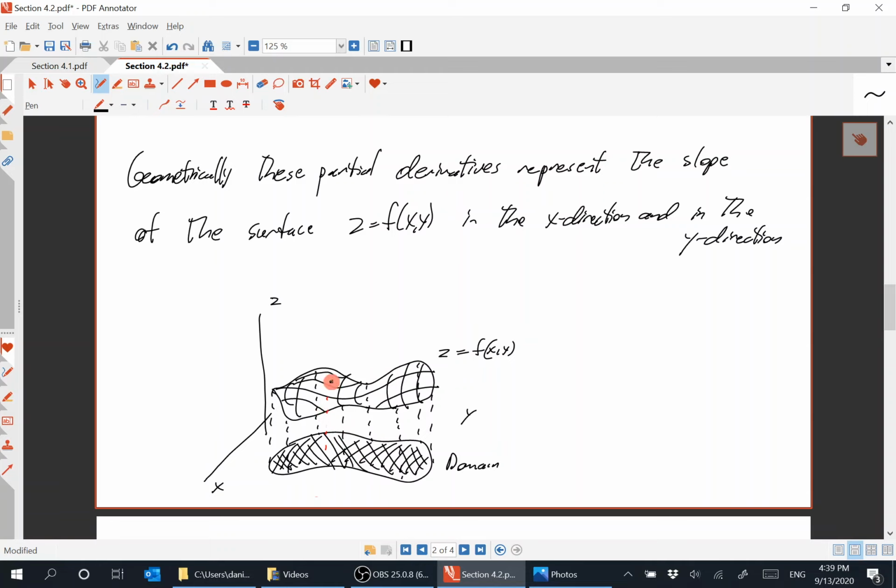Okay, so here's that surface. Now let's take a point (x, y) in the domain. So here's a point (x, y) in the domain, and that goes up to a point on the surface.